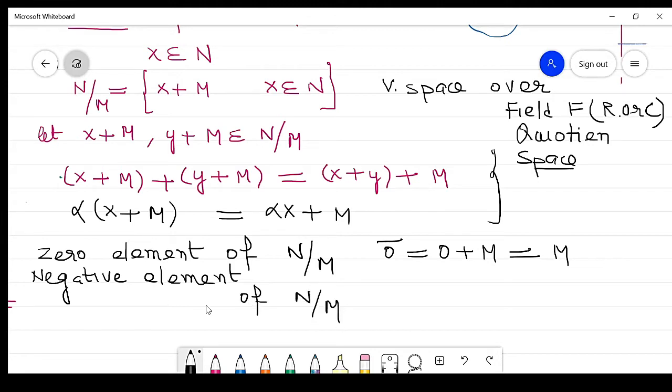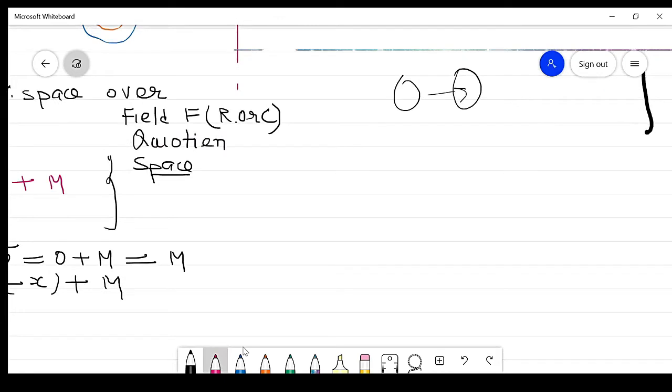If there is an element x plus M, its negative element is minus x plus M. So remember this: x plus M is an element and its negative element is minus x plus M.